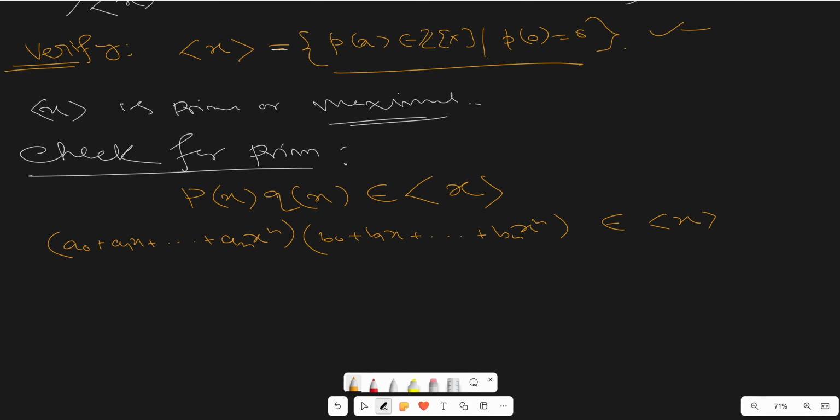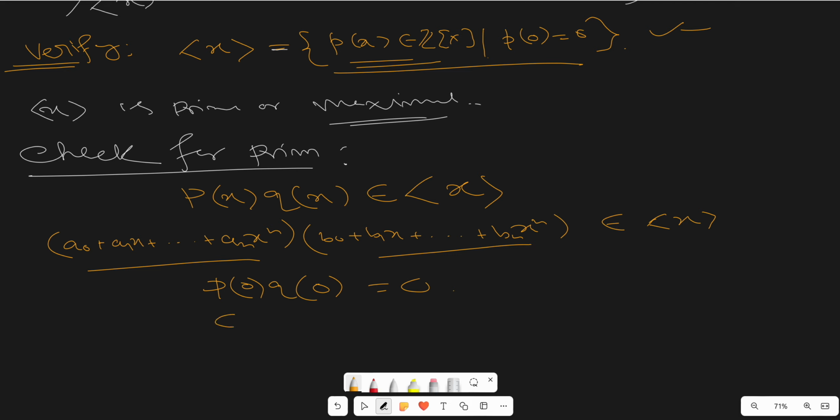Since all those polynomials in the ideal are such that the value at 0 is 0, p(0)q(0) is 0.